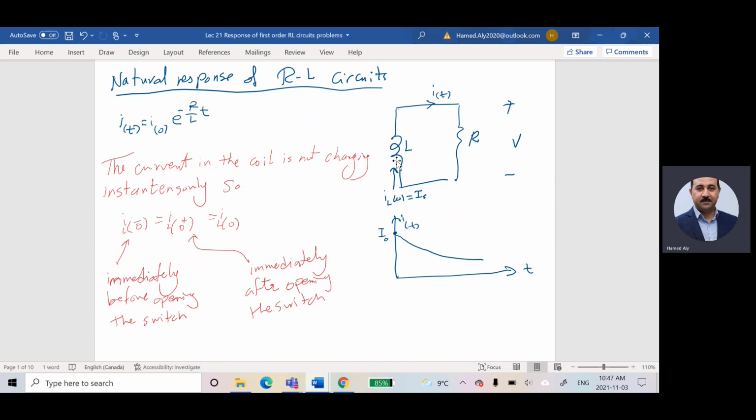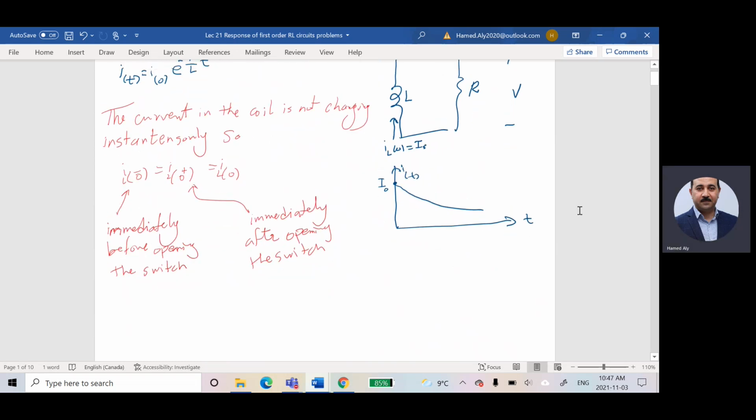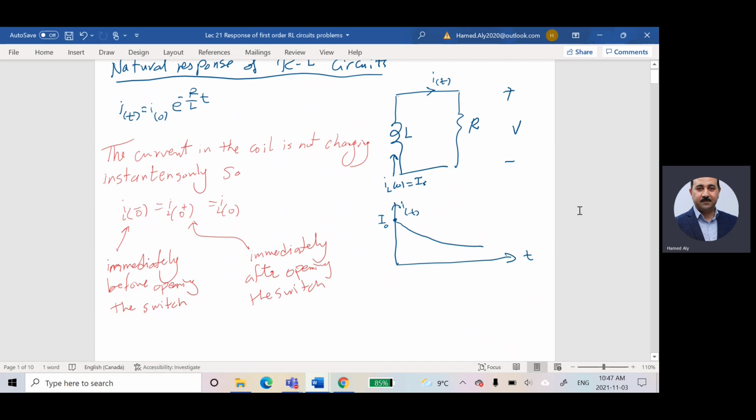If you try to talk about the voltage, I will clarify that again while I'm talking about the energy. If you try to calculate the voltage between these two points, for example, I'm going to call it V of t.